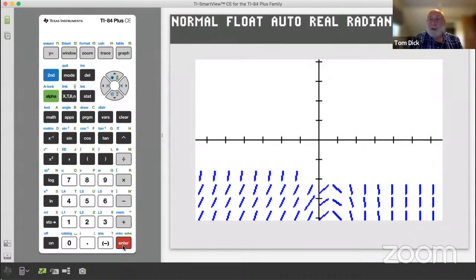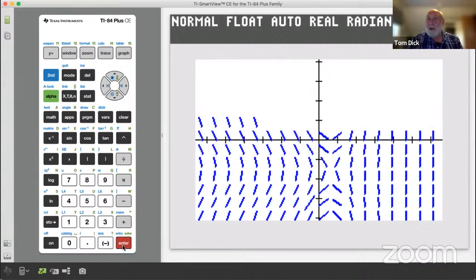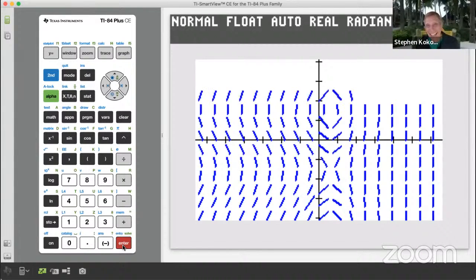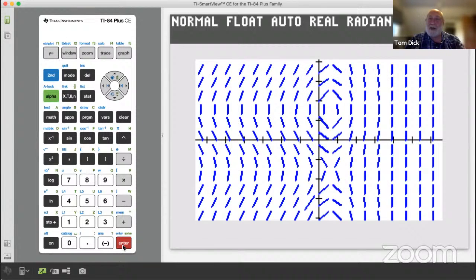And hopefully we'll get a slope field that looks not dissimilar to the one that Steve had. It might look a little bit different just because of the way the lattice is laid out, but this is looking pretty good, Tom. Looks pretty good. Yeah.